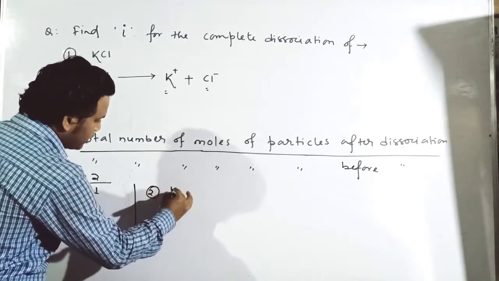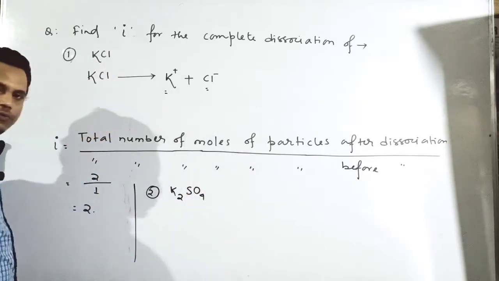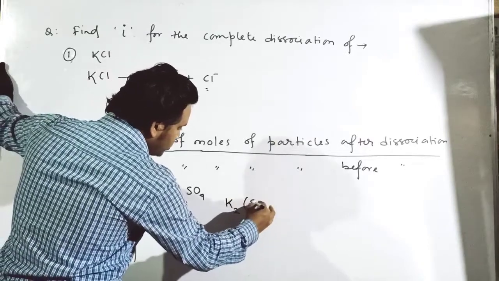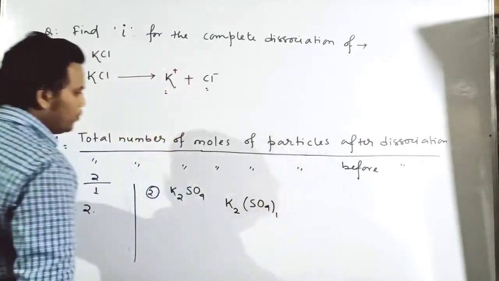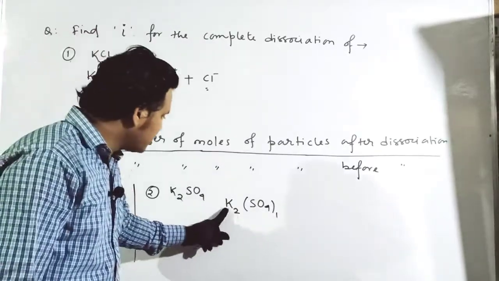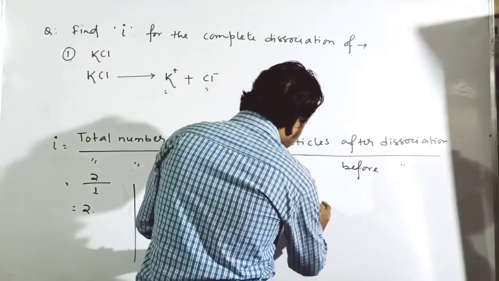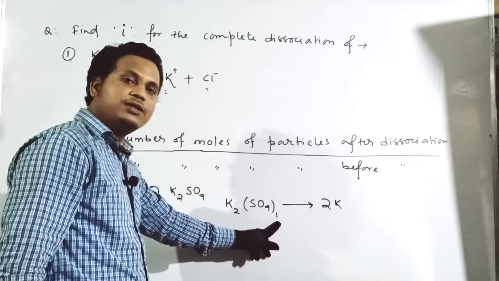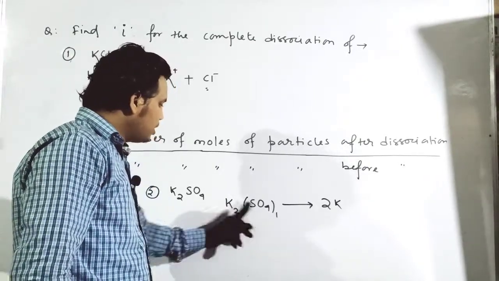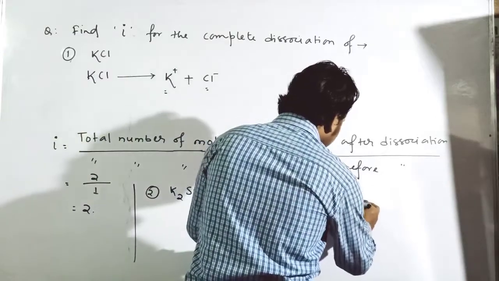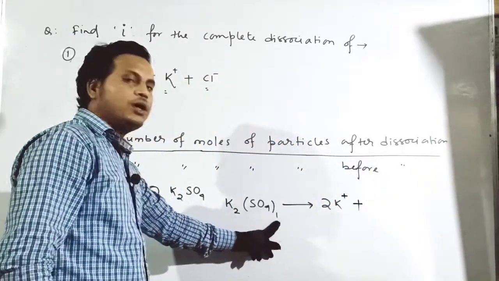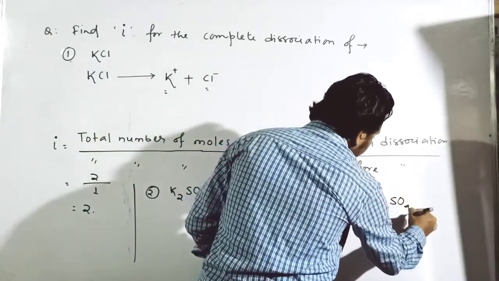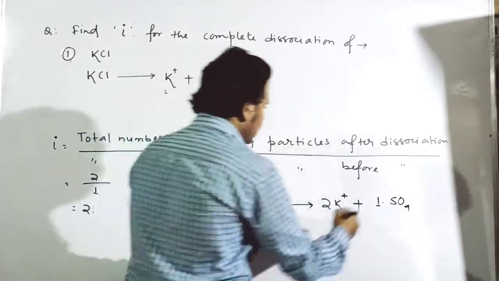Take another one. Suppose K2SO4, what will be the value of i? First break it. K how many times? 2. Sulfate how many times? 1. So it will be 2 times K, with charge being the second subscript, plus 1, and 1 time SO4 with charge being the first subscript, 2 negative.